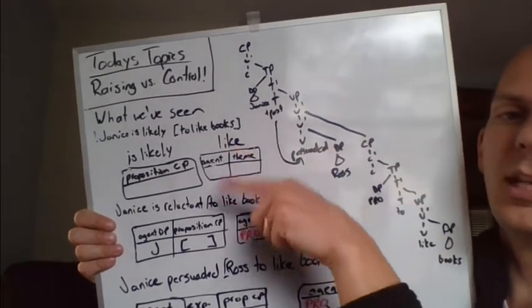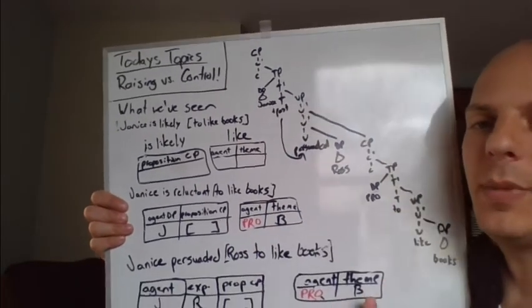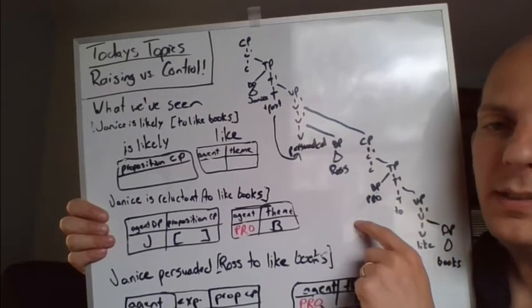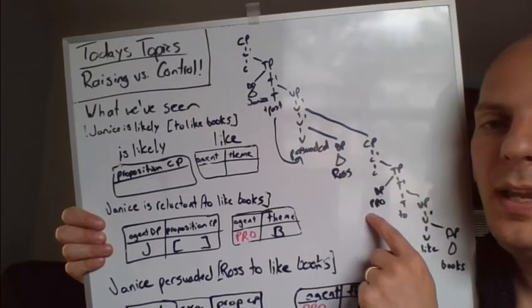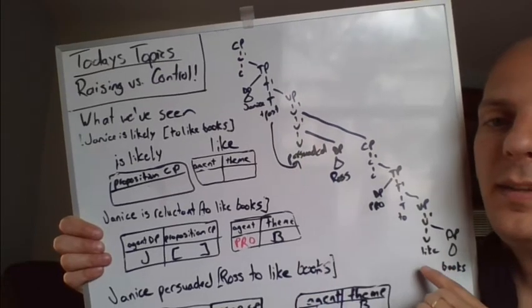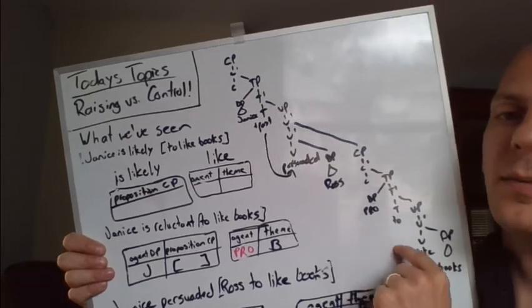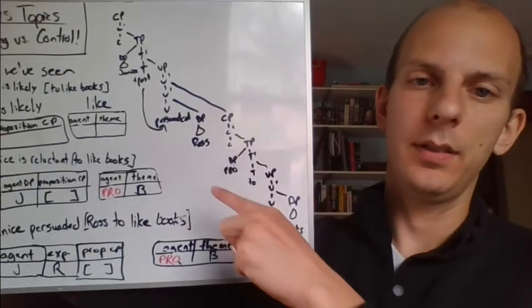Note that all these sentence types that we've looked at have non-finite embedded clauses. And once again, we see pro here being covert instead of overt. It's silent and not pronounced, and it's also not receiving case. It's receiving a theta role from like, it's the agent of like, but it's not receiving case because this is a non-finite clause, which once again is the same weirdness we saw with subject control, where big pro is silent and doesn't get case.